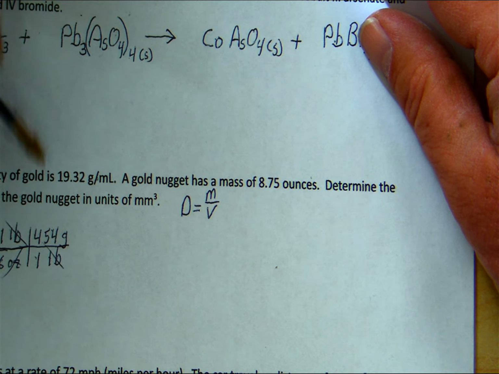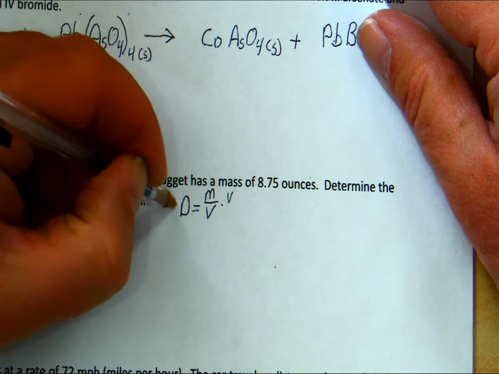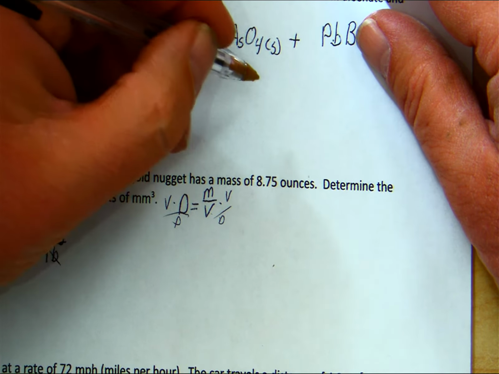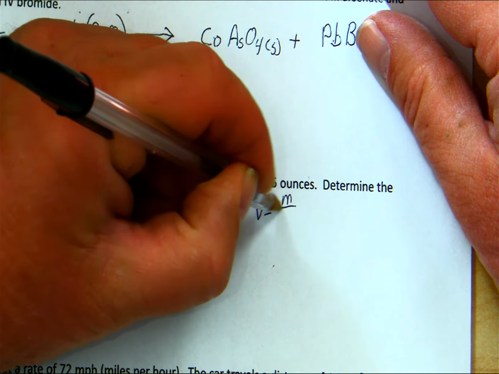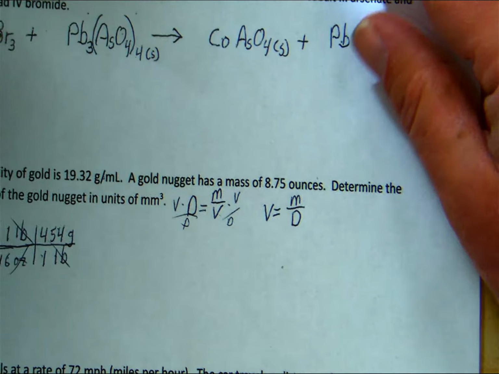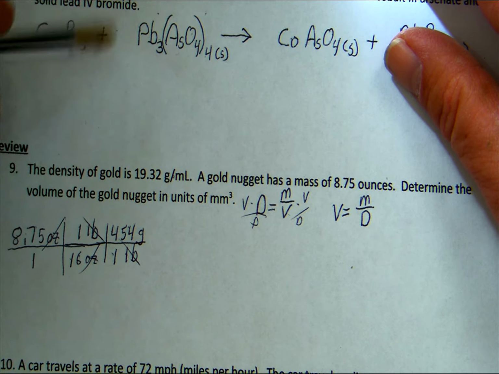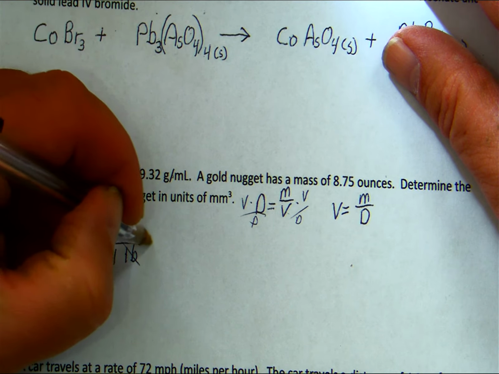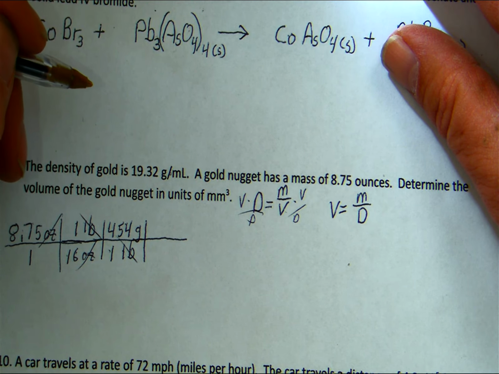So if we want to rearrange and determine the volume, we could multiply both sides by the volume, then divide both sides by the density, and what we have is volume is equal to mass divided by density. So in this first part of the conversion, we have converted ounces to grams. Now we really need to divide that by the density of gold.